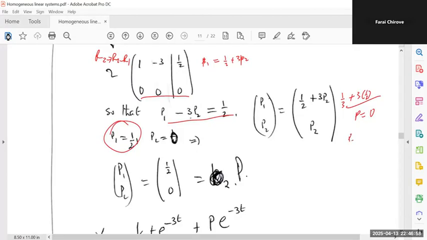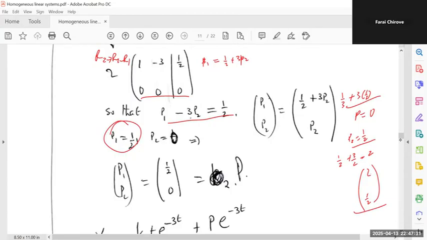Or you can say P2 is equal to half if you want. Then you would have a half plus 3 over 2, which is 2. But then you would have 2 and half here. So you could still use that. So you can choose what you want.